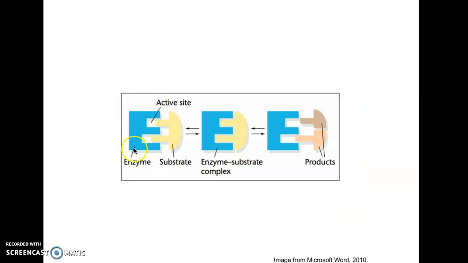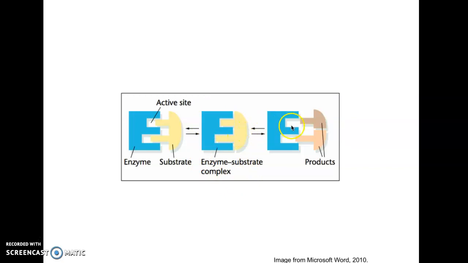The enzyme here is blue, looks like an E shape a little bit. The substrate that works with it has this other unique shape. You can see that it fits very nicely into what we call the active site. When they lock and key, or what we call induced fit, together, they become a new unit, and this is the enzyme substrate complex, the enzyme and its special substrate.